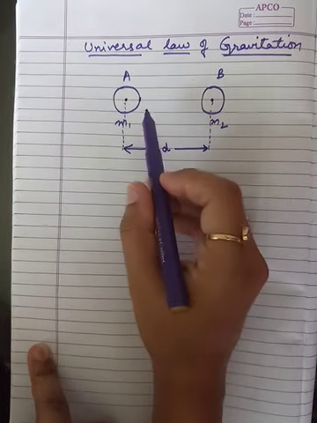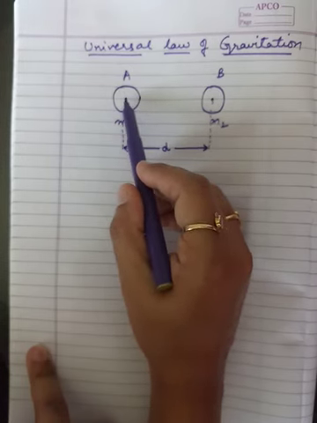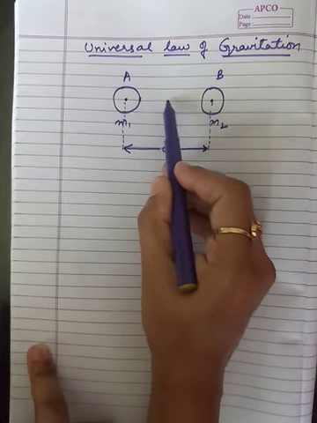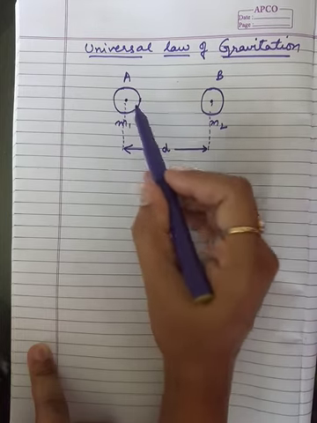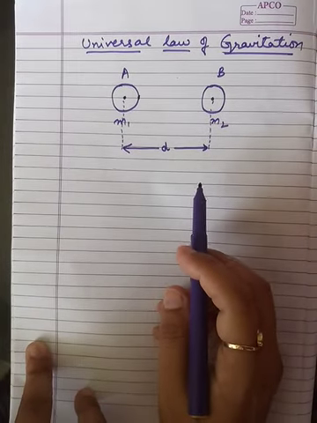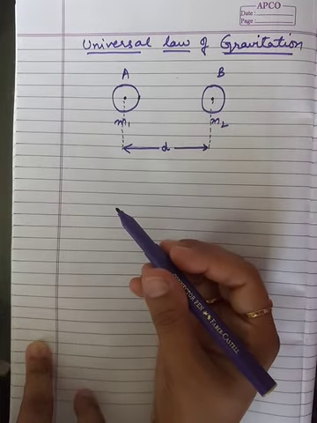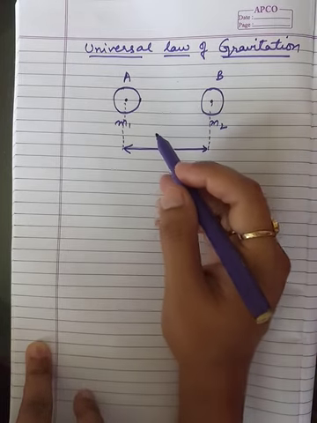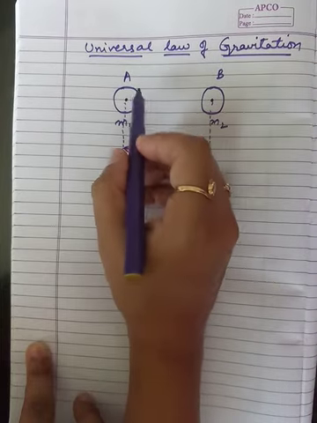What will happen if I don't consider this radius? If the radius of the earth or any other planet is so many kilometers, then the surface to surface distance should not be considered; this center to center distance should be considered. So from center to center we always take the distance in this case. Now, what does this universal law say?